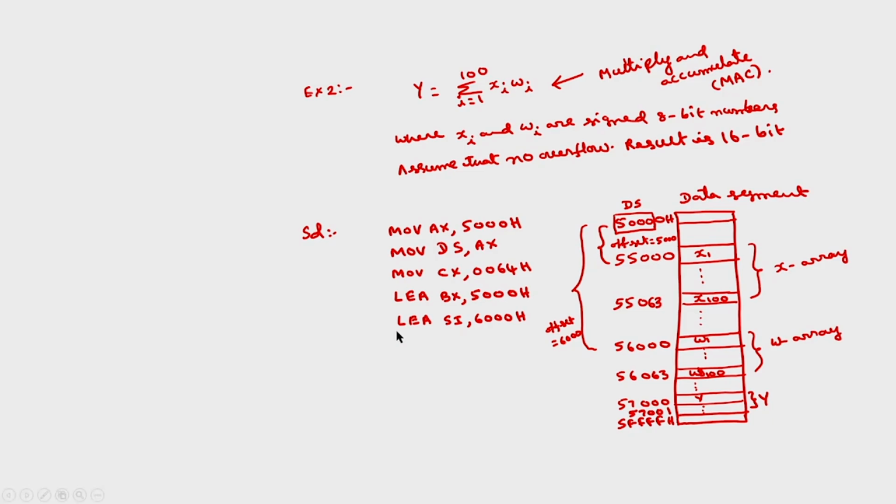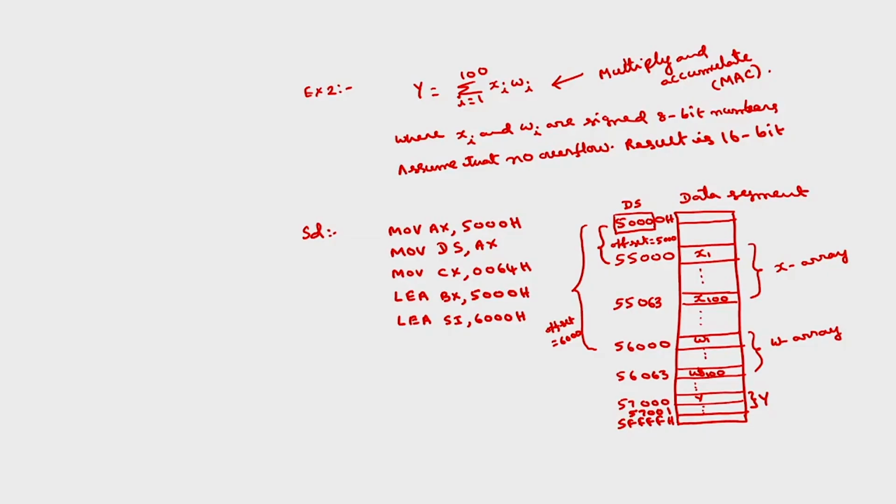I am starting with this: you have to multiply and then accumulate. For the accumulation, initially I will clear that accumulator, and whatever the multiplied value is, I am going to add it to the accumulated value. This is something like if I want to multiply 5 by 6. If I want to add, for example, x1 w1 plus x2 w2 plus so on up to x100 w100, I am taking one register with 0 initially.